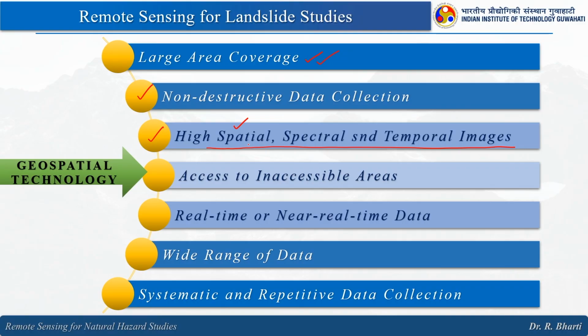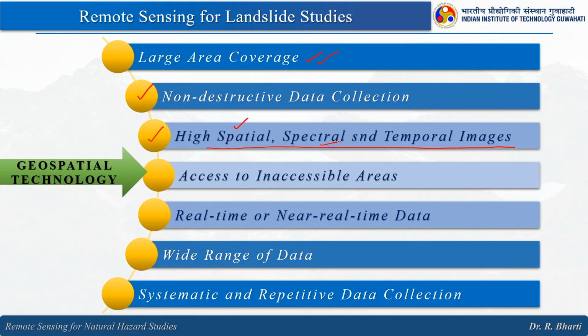One pixel may represent 30 by 30 meters of the ground, or 1 meter by 1 meter, or a few centimeters by a few centimeters. The higher the spatial resolution, the more information you have about the target. With the advancement in technology, we now have high spatial resolution, not only in panchromatic images but also in the multispectral domain.